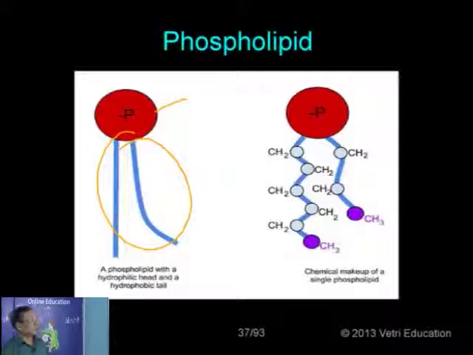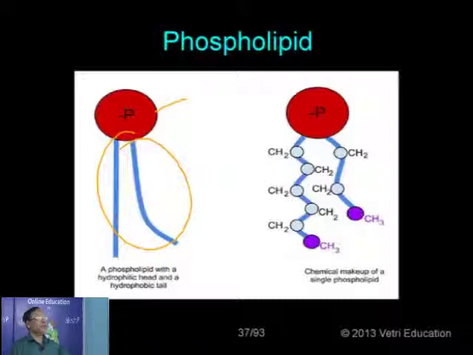For example, in the case of a phospholipid, the head contains glycerol and phosphate, whereas the tail region is hydrophobic, mainly formed of fatty acids.